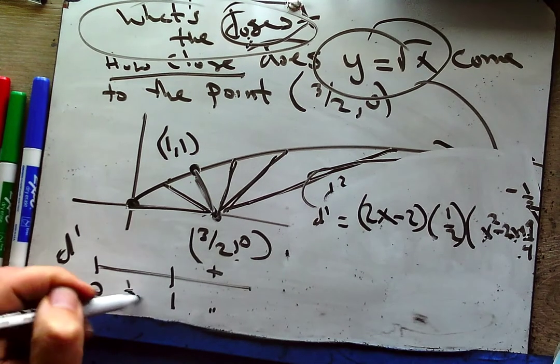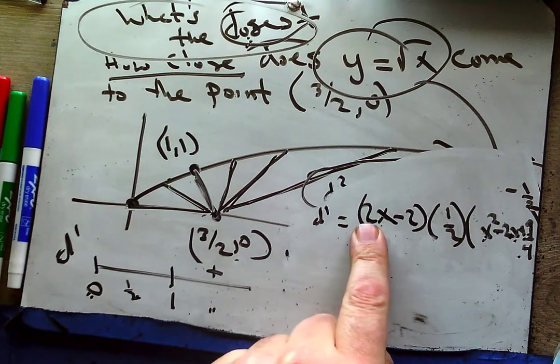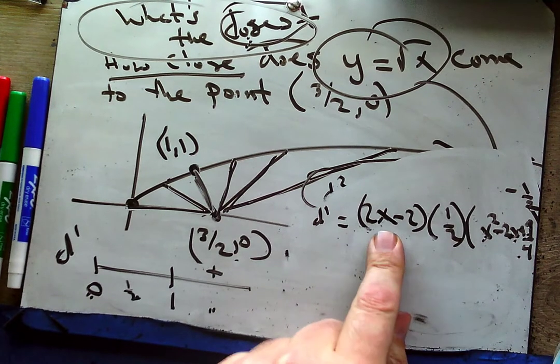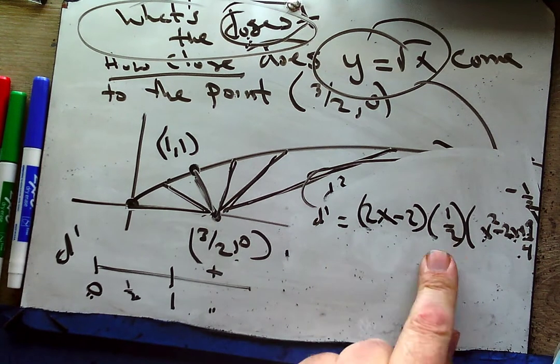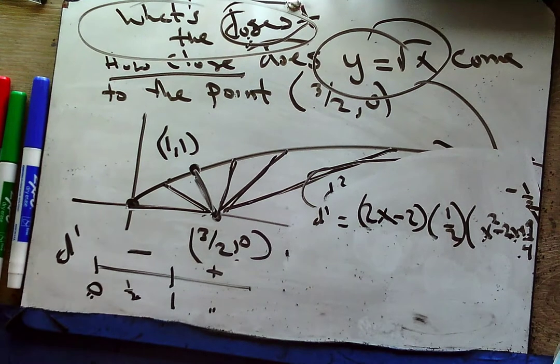Now, what if I plug in something like 1/2? 1/2 times 2 is 1. 1 minus 2 is negative 1. So negative times a positive times a positive, and that's going to be a negative.